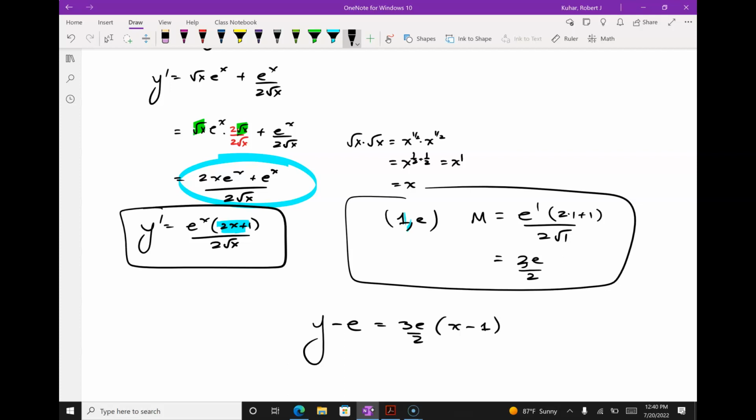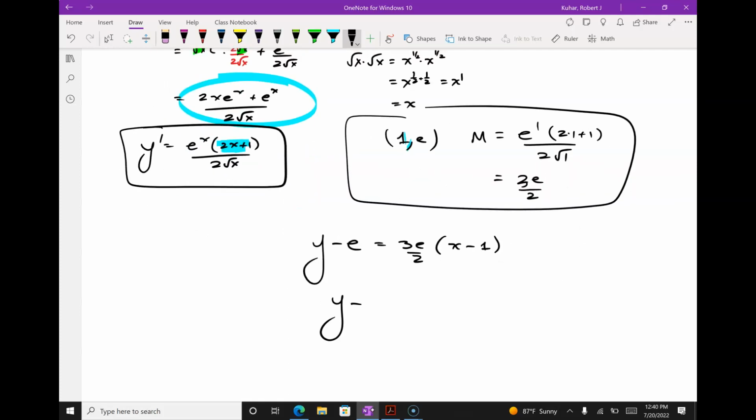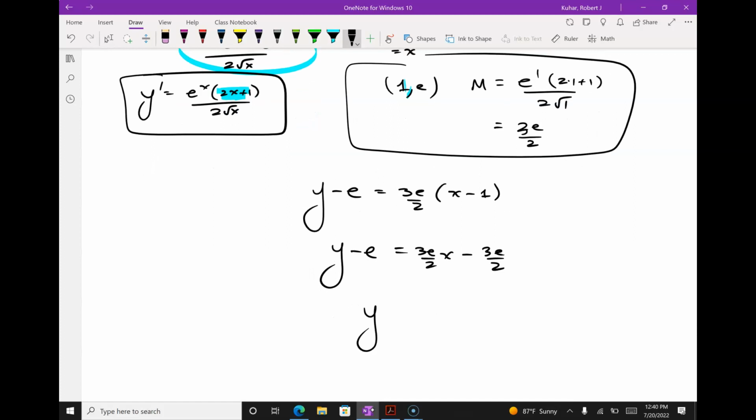Everybody with me? So y minus e equals 3e over 2 times x minus 3e over 2. And I'm going to add e. And obviously I need a 2 downstairs, so I'm going to multiply by 2 over 2.